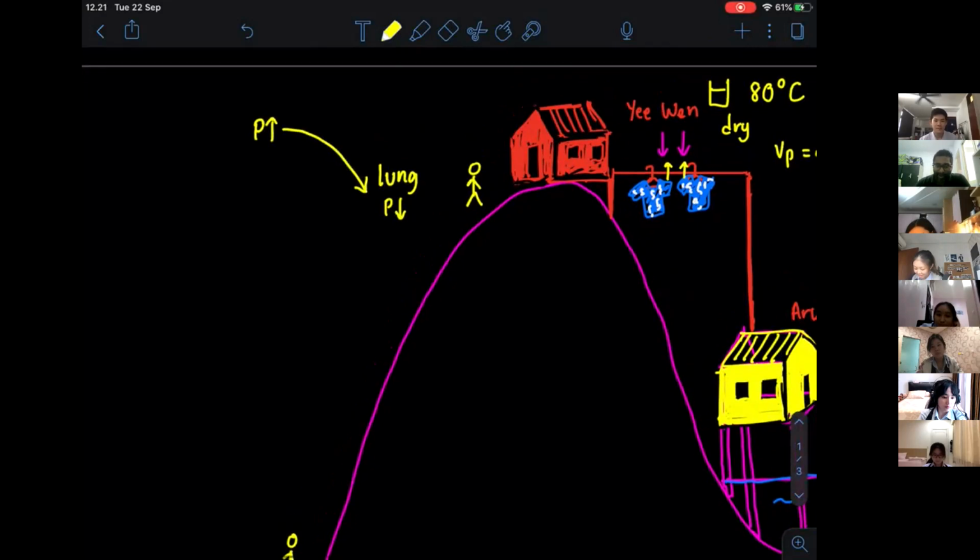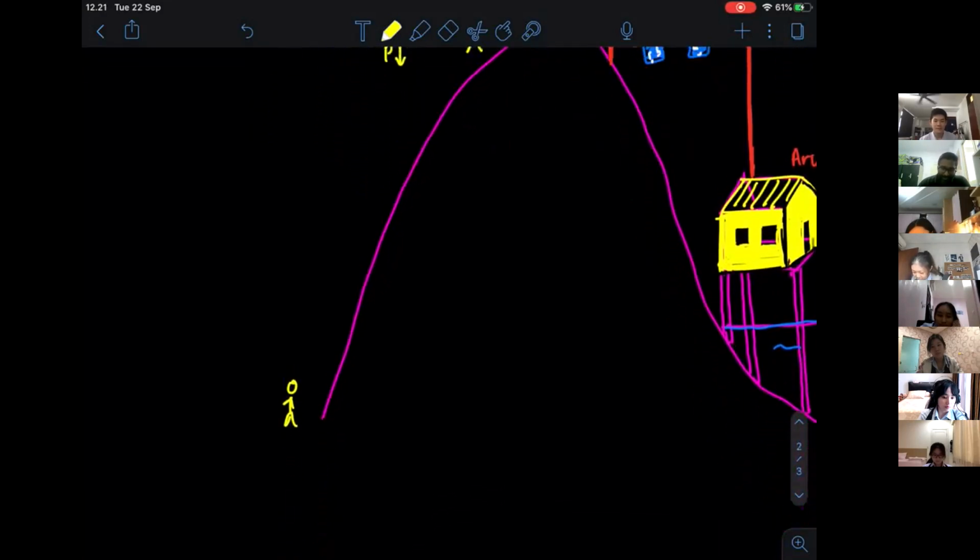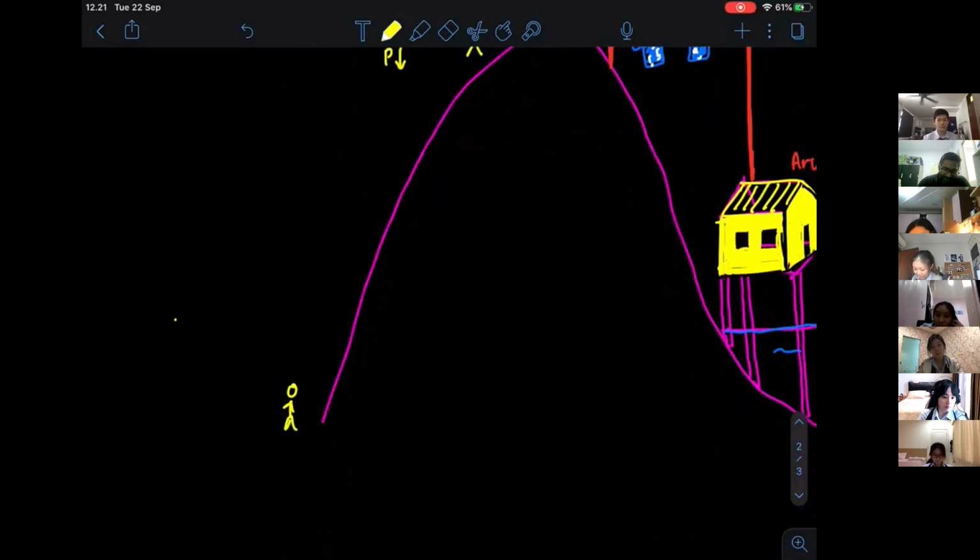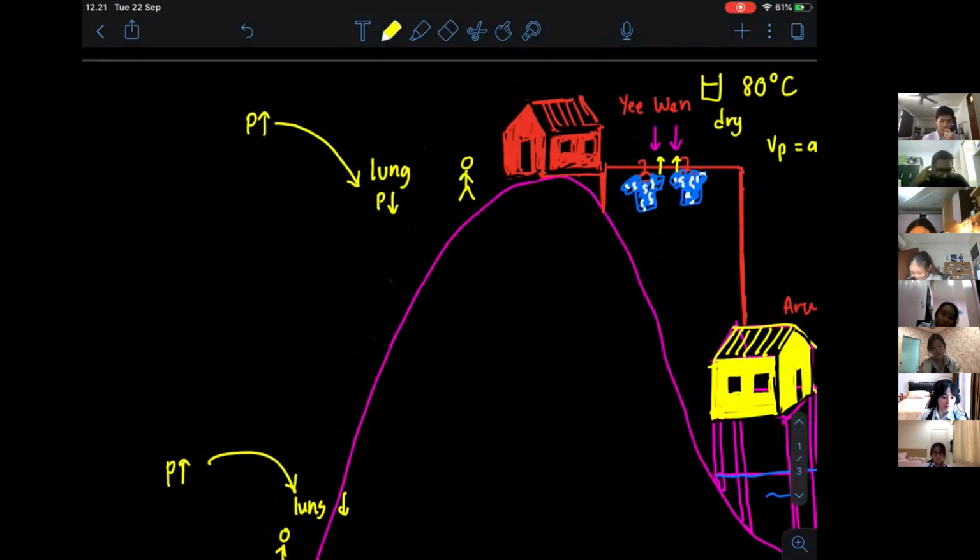So what happens over here? For R1 it's still normal. Pressure outside is higher, lung pressure is normal, lower, so air will enter without any problem. But the problem over here is that as you go to a higher altitude, the atmospheric pressure will drop.